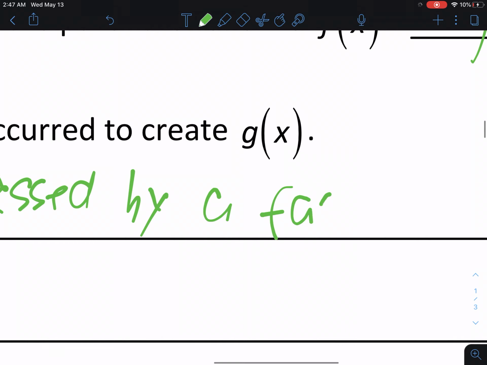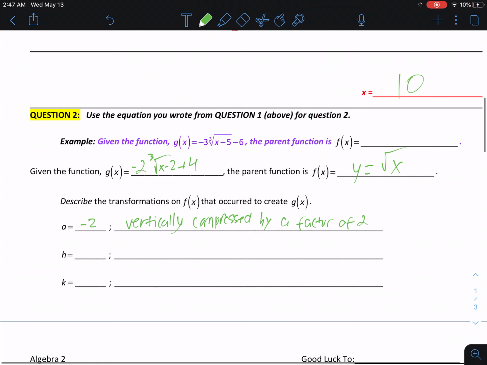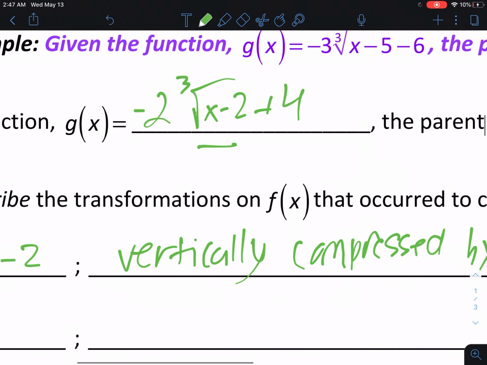And it's vertically compressed, first off, and it's not stretched, it's compressed because a is less than 1. And a is less than 1 because negative 2 is less than 1. So it's compressed, and it's by a factor of 2 because a equals negative 2.